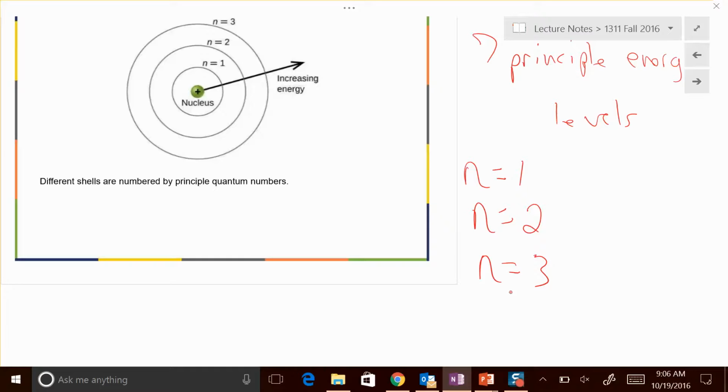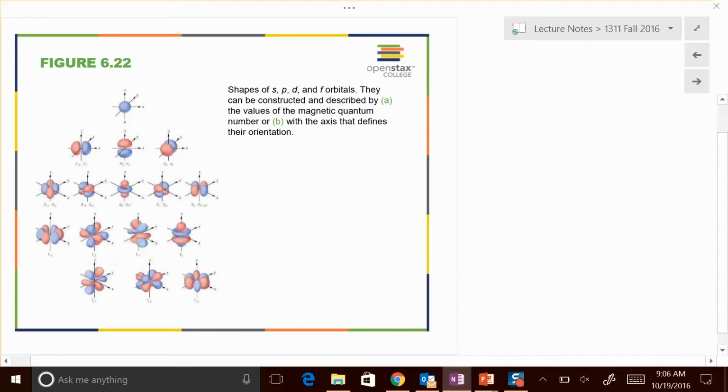So even though this isn't in the 4th energy level, it's still a higher energy requirement. That's why it's placed after calcium. So I am following my periodic table according to how they fill based on the energy associated with them. So these are my principal energy levels.